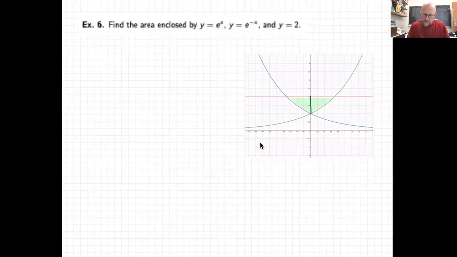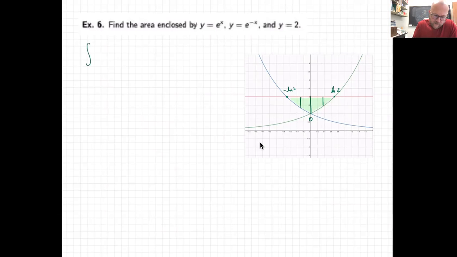And of course, we can see that we have an intersection here at 0. But then this up here, you've got to have your y being 2 and your y also being e to the x. So that means that we're going to end up with a negative ln2 and a positive ln2, okay? And then in between, we are thinking about having our slices be vertical.